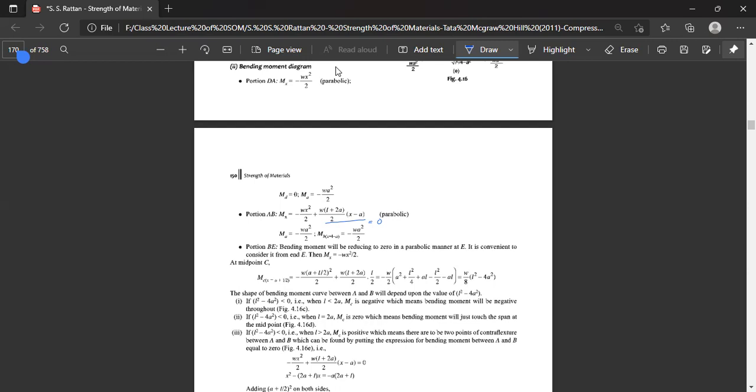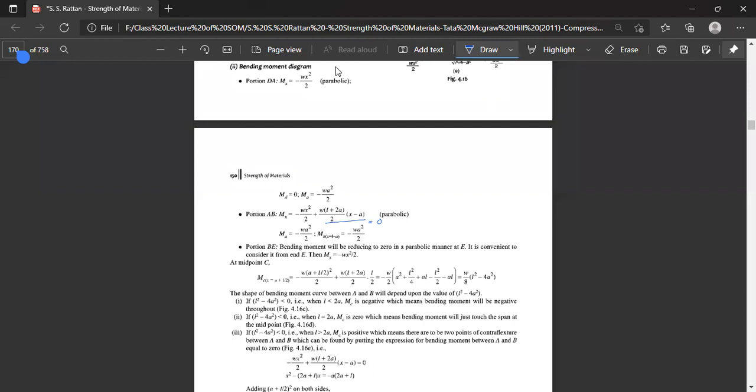It is convenient to consider it from end A, then Mx is equal to minus w a squared by 2. At the midpoint, if we put x equal to l by 2 in the equation, then this equation takes this form, w a plus l by 2 whole square divided by 2, and this will form x l by a plus l by 2. a will cancel each other.